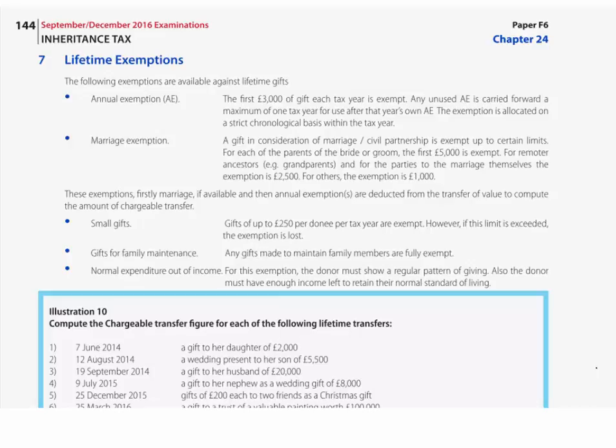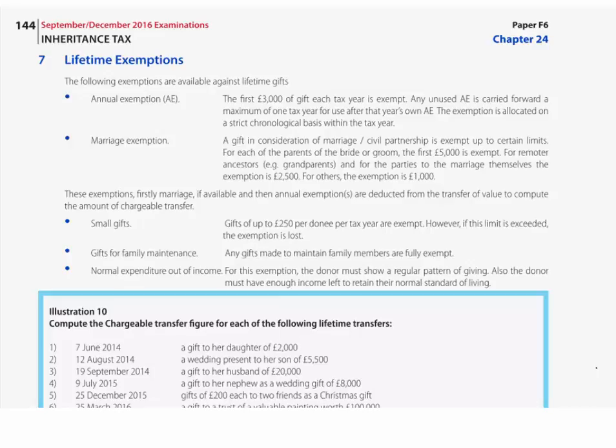There we have to see whether or not the taxpayer is now a widow or widower and had left to them some part, if not the entirety, of their original spouse's estate, to see whether there was any unused nil rate band that would have transferred from the sadly predeceased spouse and now would be available on this spouse's death. That needs to be done before you can do any of your IHT calculations on death, whether that is for lifetime transfers chargeable on death or thereafter the chargeable estate at death.